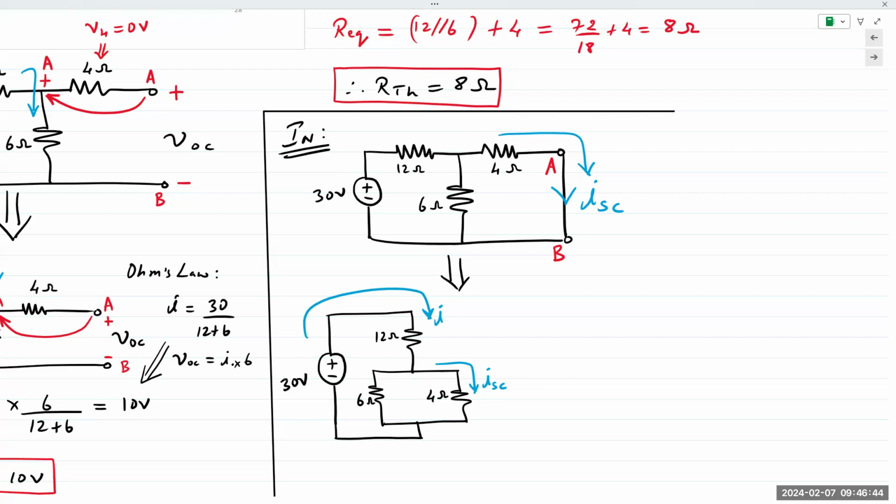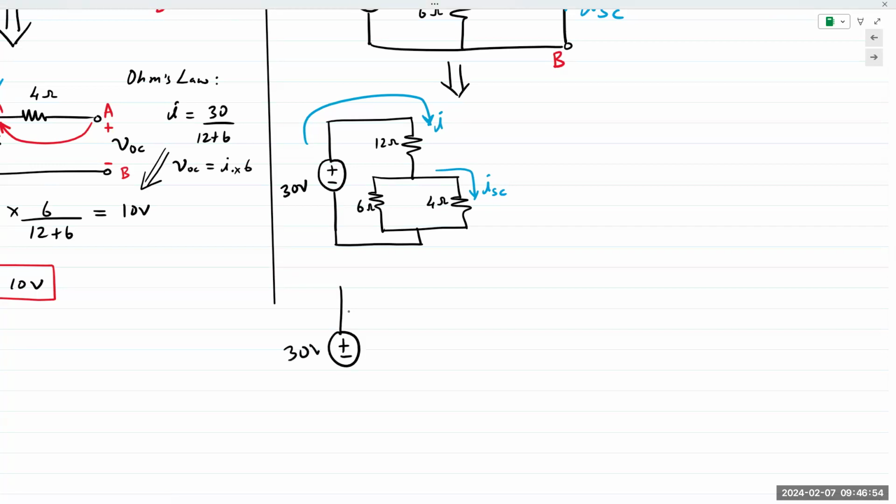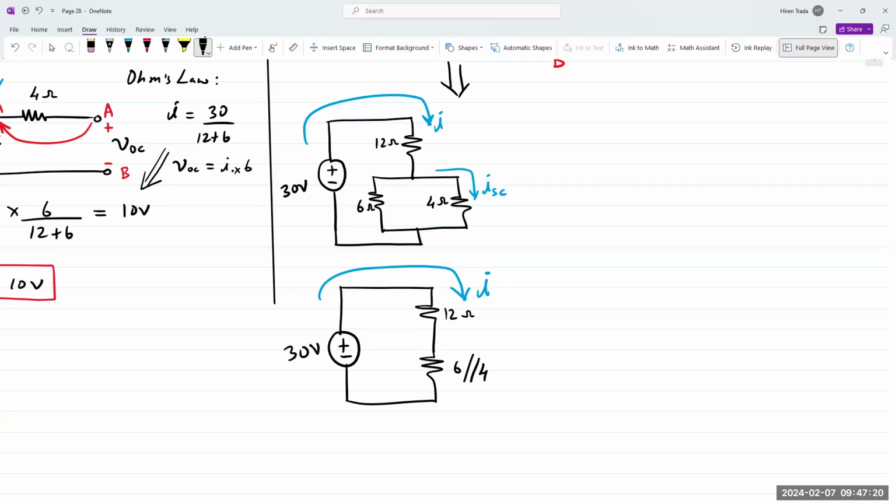So if I was to reduce this to one single circuit, I would have the 12 ohm. This is a parallel combination of 6 and 4. I'll call this I.